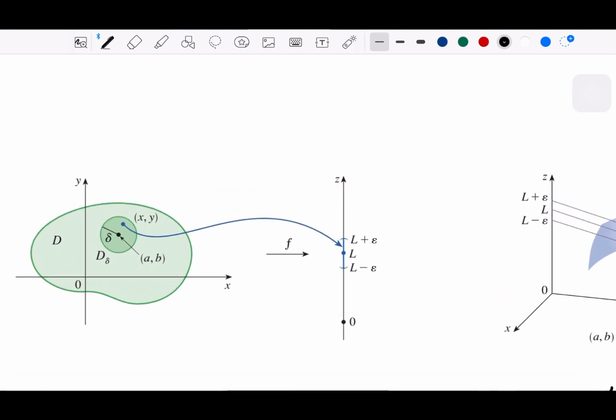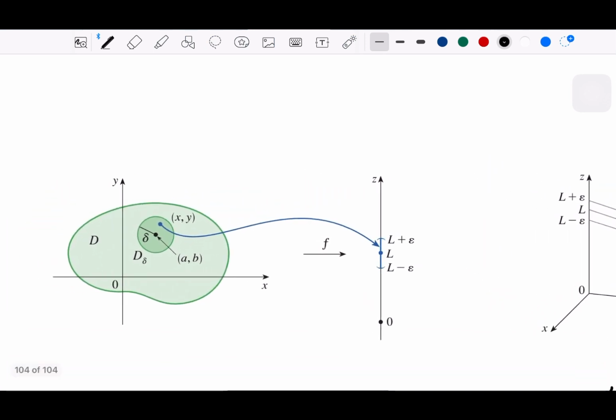Okay, so this will be our calculus part: limits and continuity.